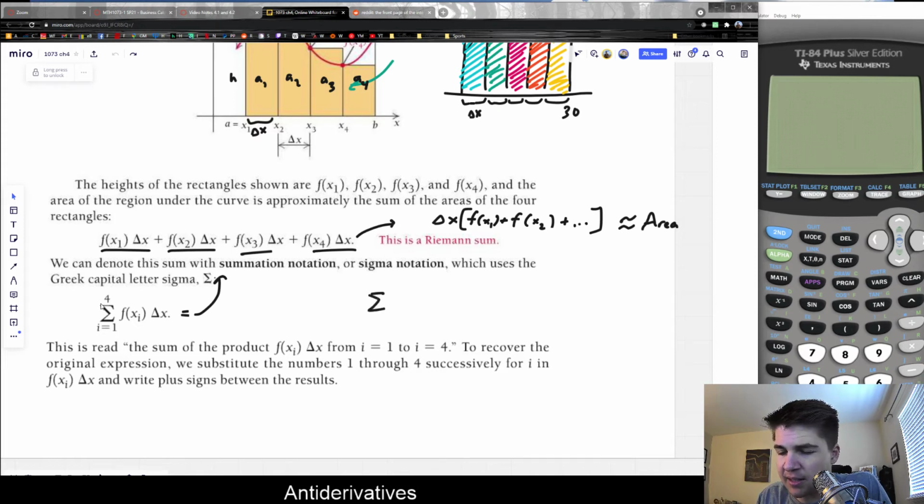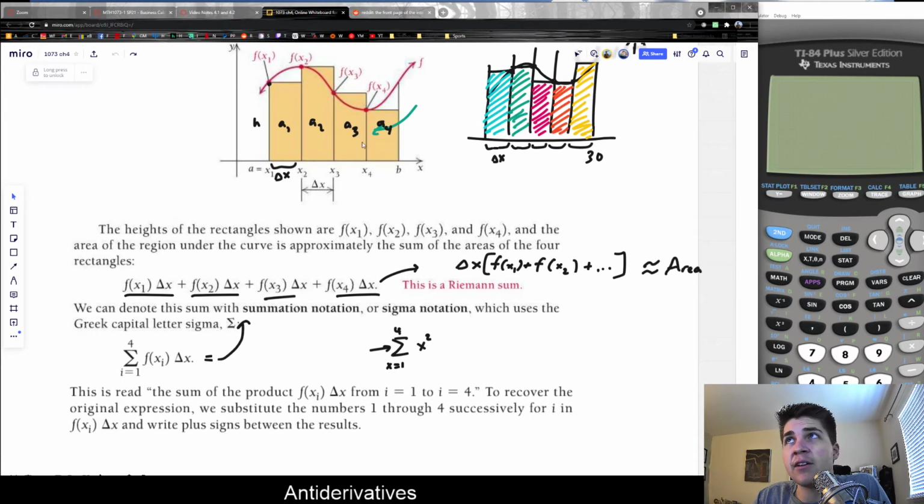Let's say we had sigma of, let's just say x squared or something, from x equals 1 to 4. Oops, I did not mean dx. We don't even need delta x here, but just how sigma notation works, it means that it's a shorthand representation for adding up a lot of stuff. So instead of having to add up 4 terms, this is the formula which represents the area of those 4 pieces.